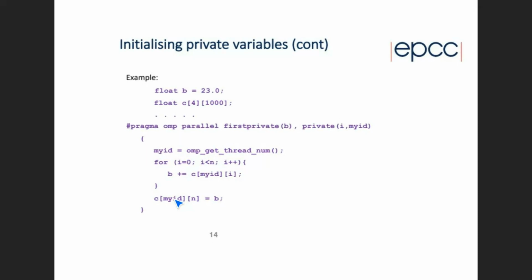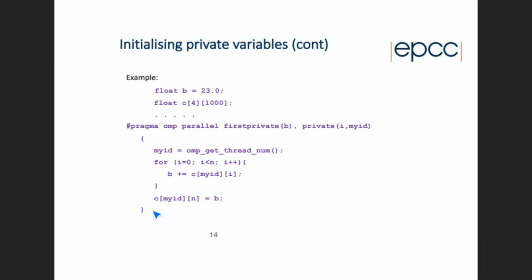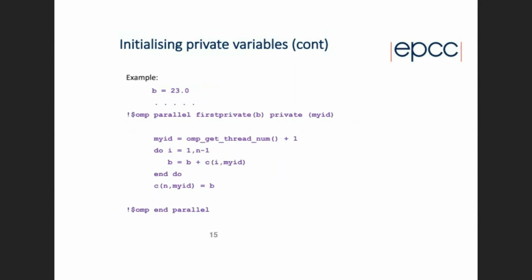Then the actual storage of b disappears at the end of the parallel region. So it's possible, but it's really quite contrived, and in practice you very seldom need to do it, but that facility is there. Same deal with Fortran.